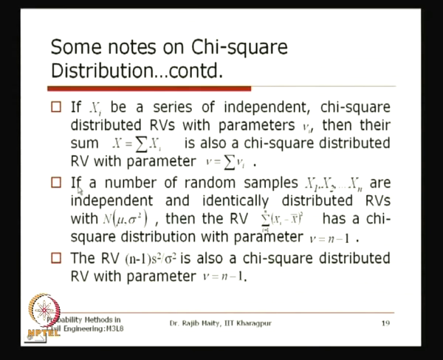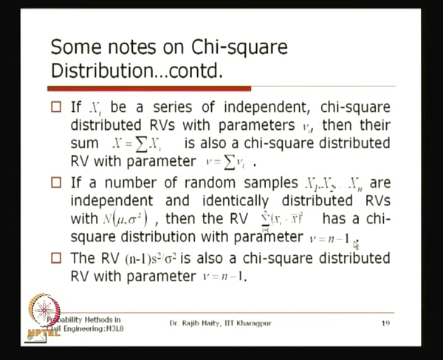That is explained here for this first note on the chi-square distribution. The second is: if x1, x2, up to xn are independent and identically distributed random variables with a normal distribution with mean mu and variance sigma square, then if we take xi minus x bar, square it, and sum them up, this is also a random variable which will follow a chi-square distribution with parameter nu equal to n minus 1.